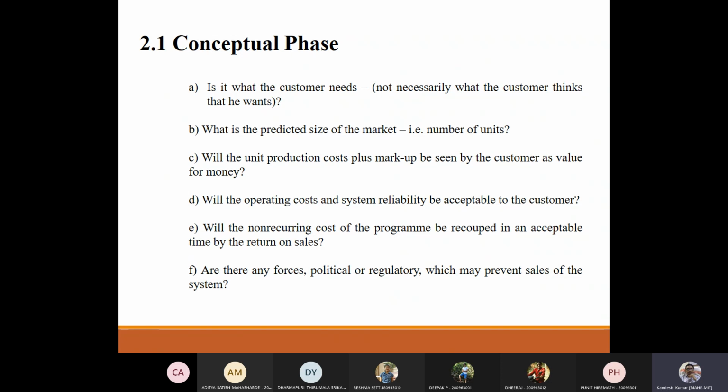Of course you are looking at some models, designs, or products for the future. So will the customer needs be fulfilled or not? Mostly customer needs will be very high, but that is not required. There is no need to meet all 100% of the requirements mentioned by the customer. You should go ahead with your ideal.